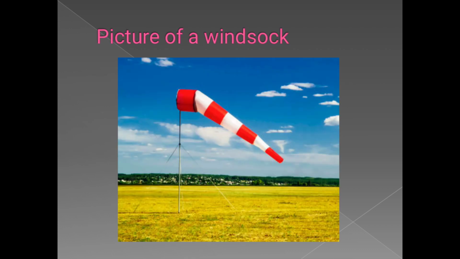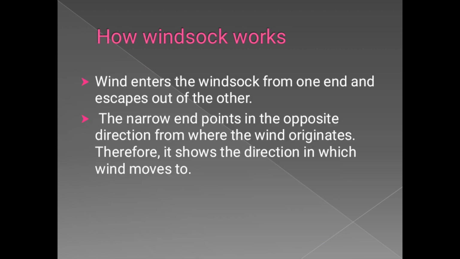I'll show you the image of a windsock. Here we have a windsock, which is normally located in an airport, and people who work in an airport use a windsock to interpret the weather, to know if they can take a flight or land.